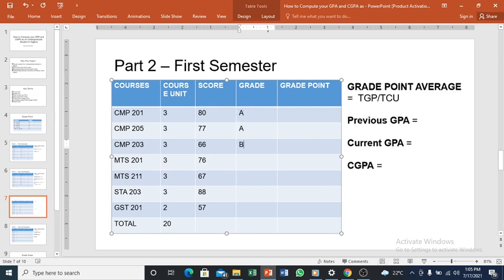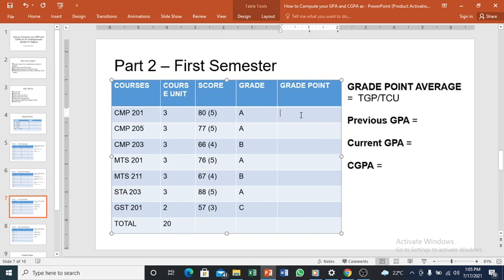So what's the grade here? A, B, A, B, A, and C. What's A? Don't forget, 5 points. A again, 5 points. B, 4 points. A, 5 points. B, 4 points. A, 5 points. C, 3 points.